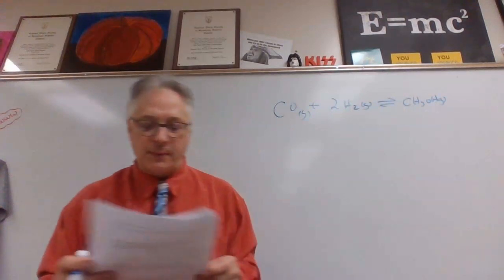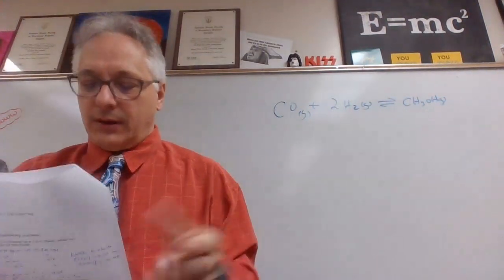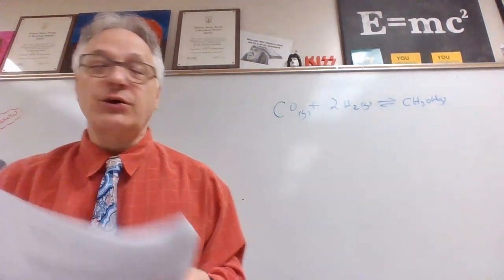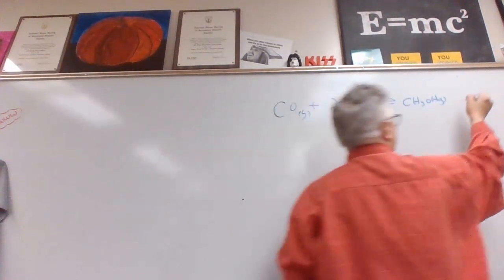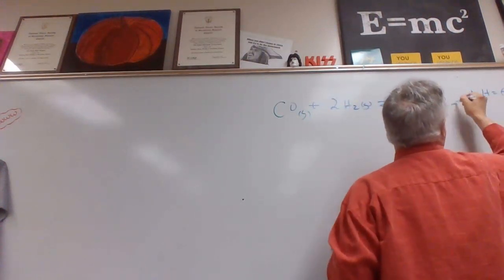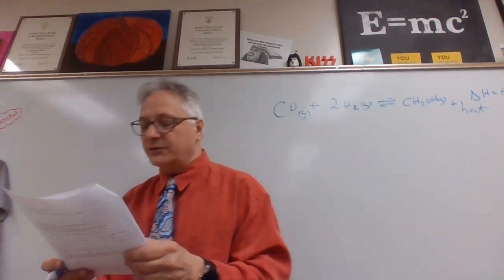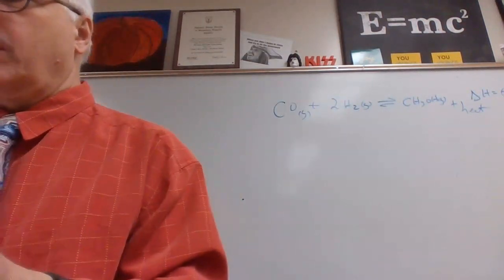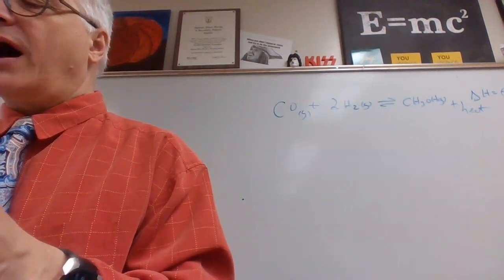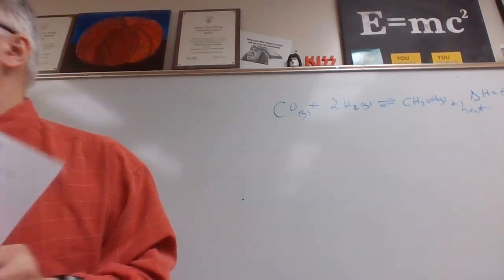It says the reaction to prepare methanol from hydrogen and carbon monoxide, shown there, is exothermic. You have to know exothermic. Negative, that means heat is given off over here. If you wanted to use this reaction to produce methanol commercially, would a high or low temperature favor a maximum yield? Explain your answer.